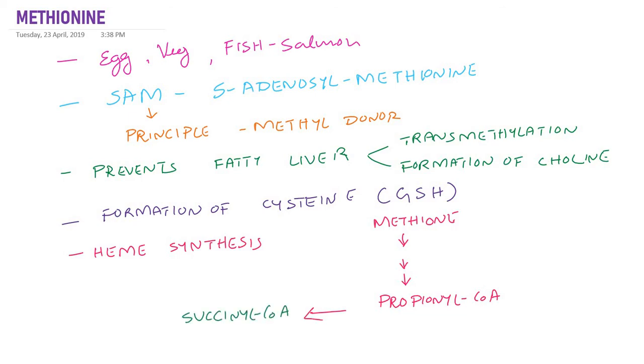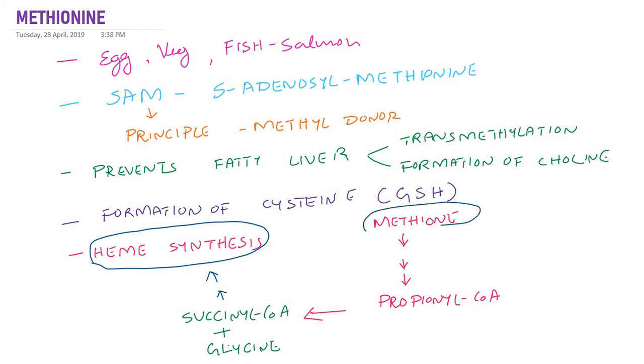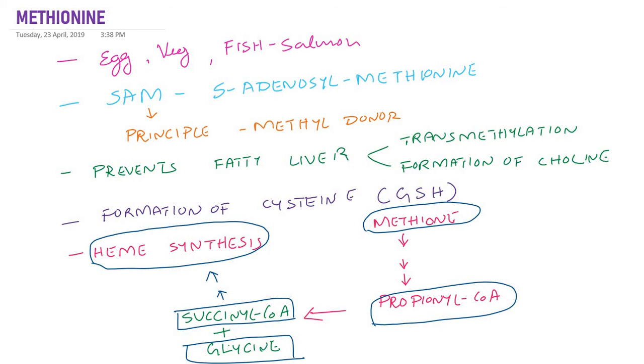For heme synthesis, succinyl CoA combines with another amino acid, glycine. This is the first reaction of heme synthesis, and through many reactions heme is produced. So in other words, methionine is indirectly helpful for formation of heme.